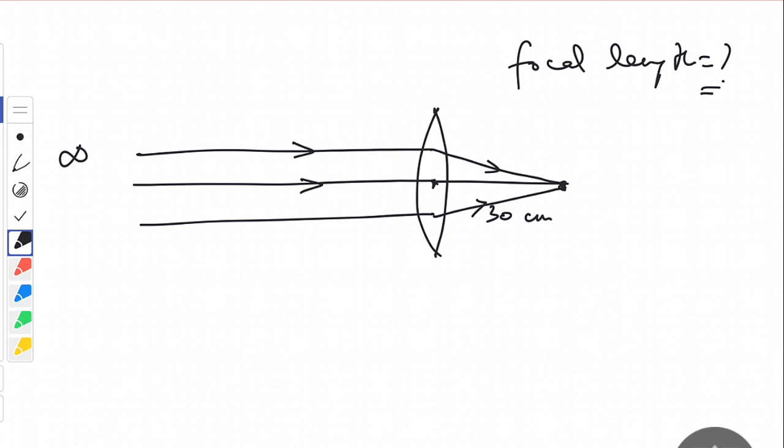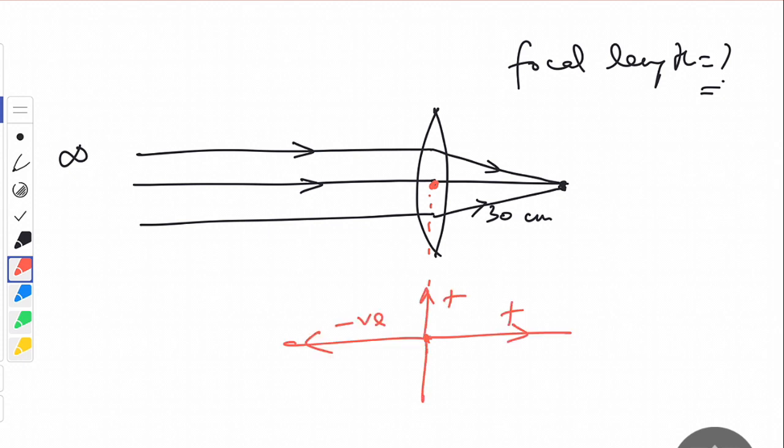Okay, so the answer is correct. It is going to be plus 30. So why is it plus 30? Because we follow the same sign convention. This is going to be our origin. All distances here are going to be plus. All distances here are going to be minus. Everything up is going to be plus. Everything down is going to be minus.